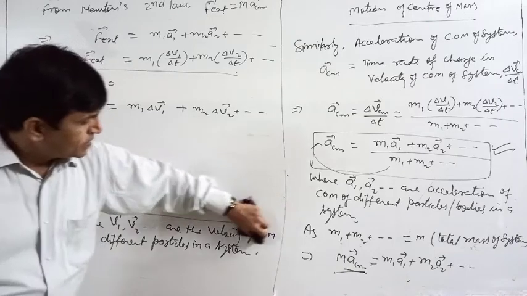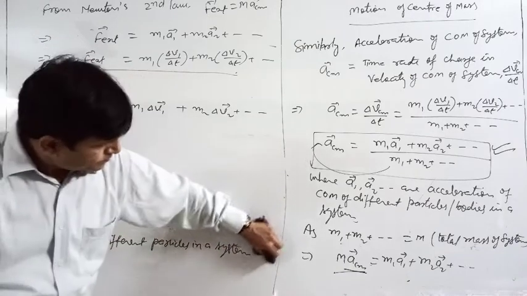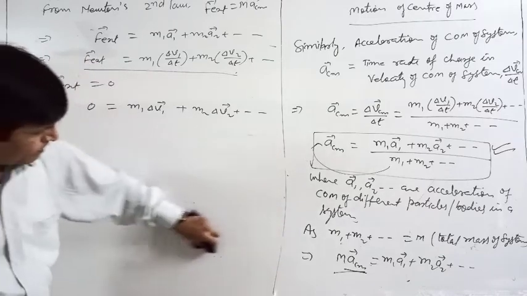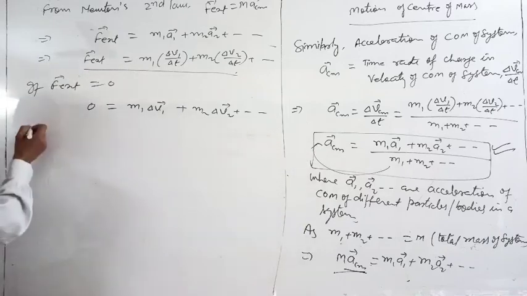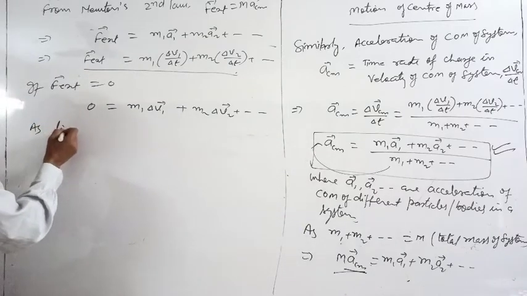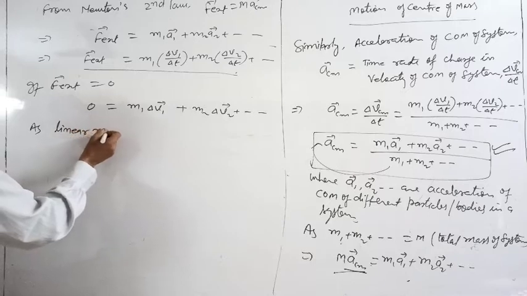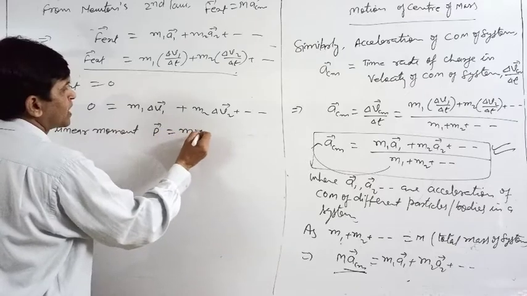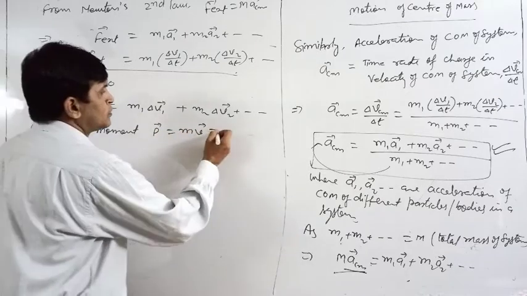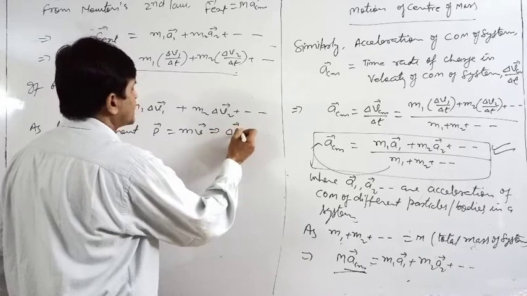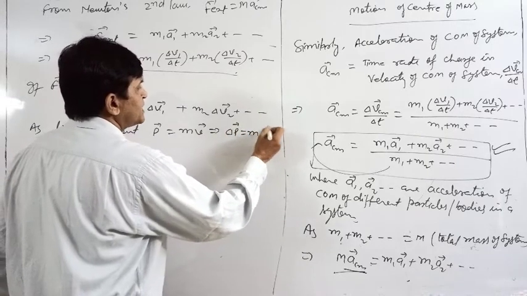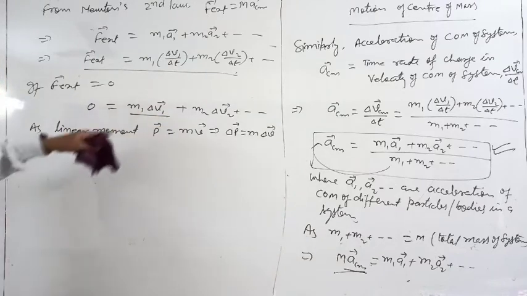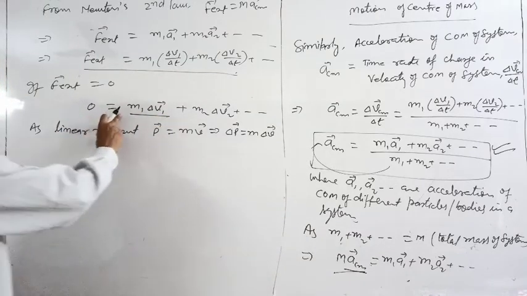As we know, linear momentum P is equal to mass into velocity. So change in linear momentum delta P is equal to m into delta V. This is the linear momentum of particle 1, or for one body, second body.